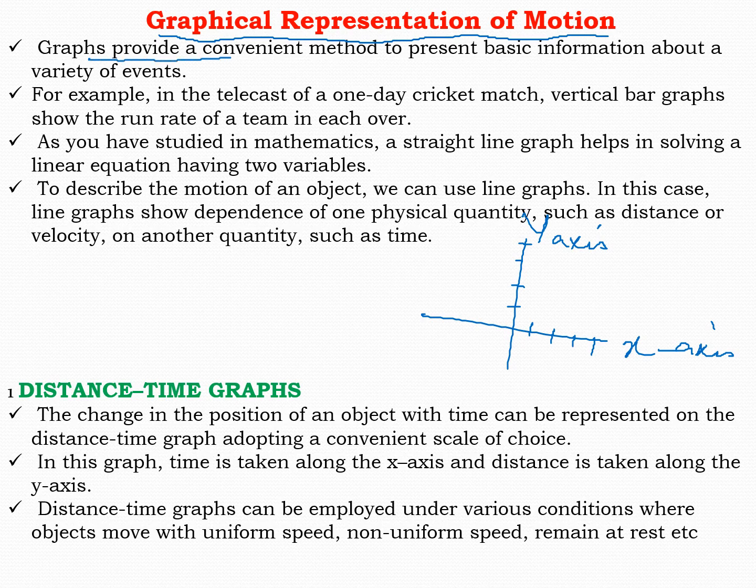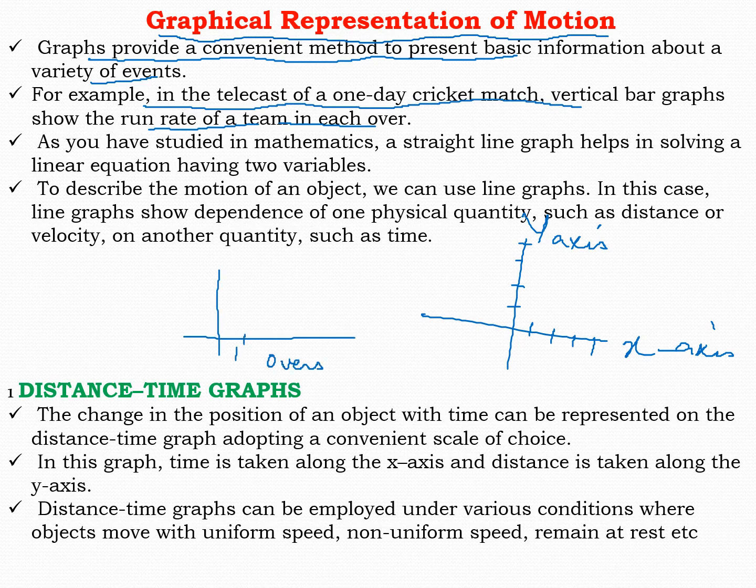Graphs provide a convenient method to present basic information about a variety of events. For example, in the telecast of a one-day cricket match, vertical bars show the run rate of a team in each over. Let us say these are the overs of a cricket match, 1, 2, 3, and then here they are showing the run rate.